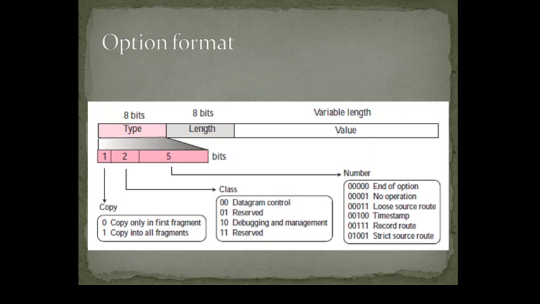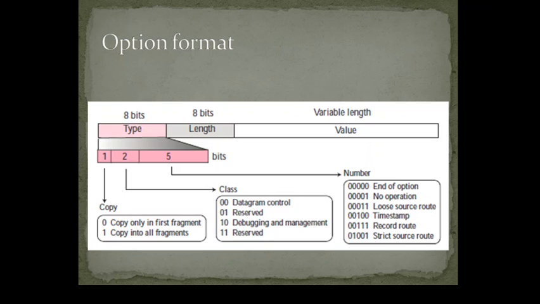Okay, the next 2 bits define the general purpose of the option. When its value is 0 0, it means it is datagram control. When its value is 1 0, it means that the option is used for debugging and management. The other 2 possible values, 0 1 and 1 1, are reserved, not used.